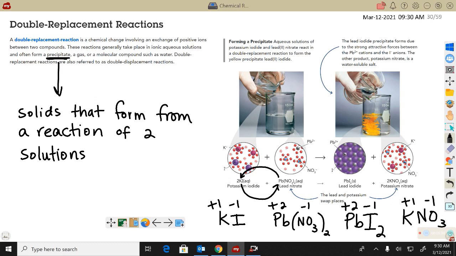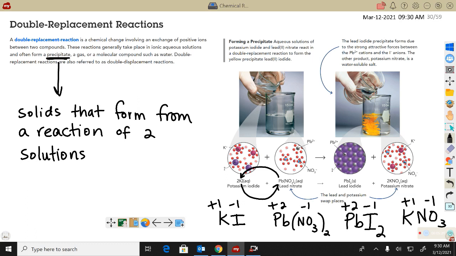Now it is a 1-to-1 ratio. So be really diligent about checking your charges anytime you make a new compound or a new combination of ions. And then obviously we balance from side to side to eventually make sure that there's the same number of potassium, iodine, lead, and nitrate on both sides.